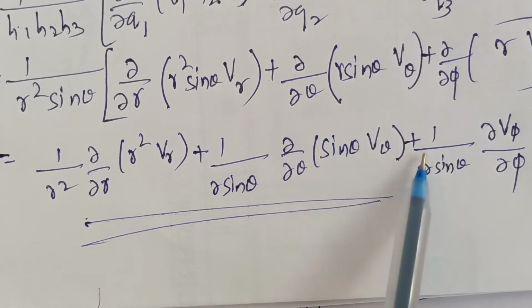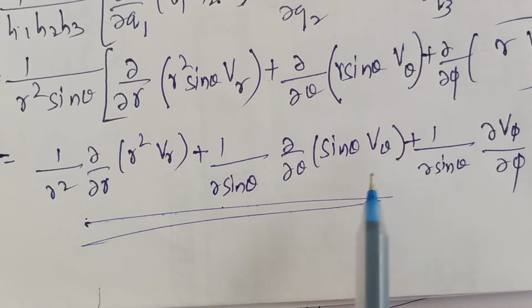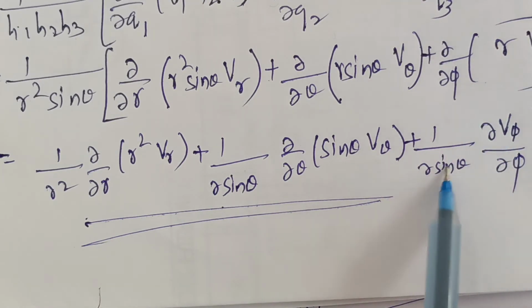When you open the bracket, you get an extra term, which is 1 by R sin theta. It is similar to that term, and again we have written this as 1 by R sin theta into dou V phi by dou phi. So we need to remember these things and just substitute.